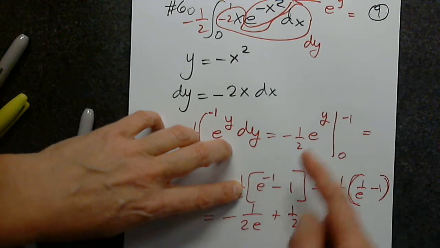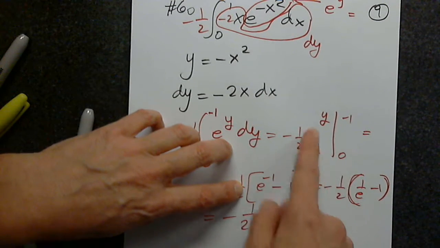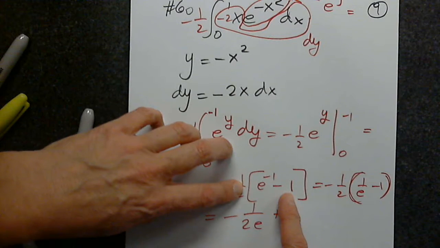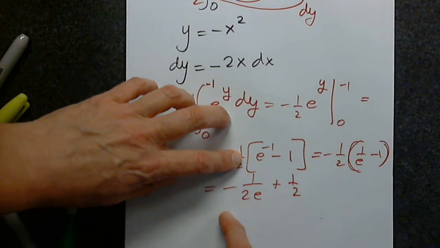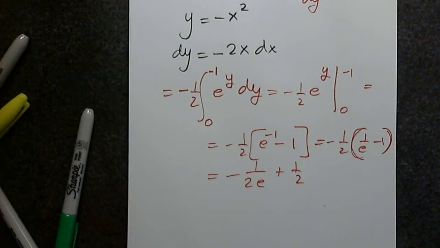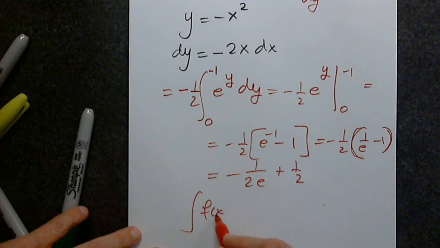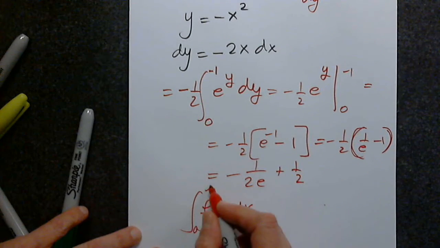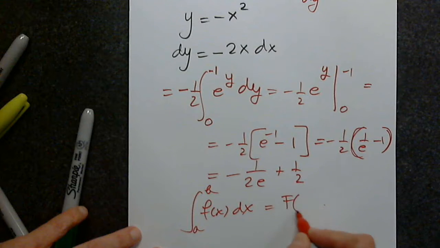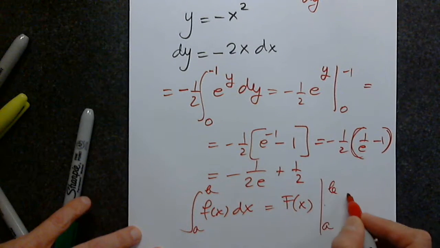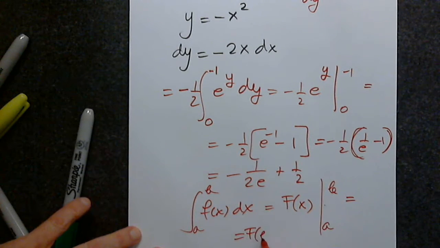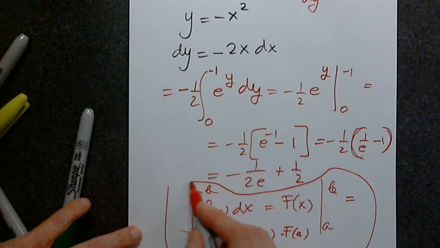When I plug in the upper limit, I get this, minus when I plug in the lower limit, I get 1. Let me write it here for you. So the integral of f of x dx from a to b is f of x from a to b, or f of b minus f of a. This is fundamental theorem of calculus part 2.